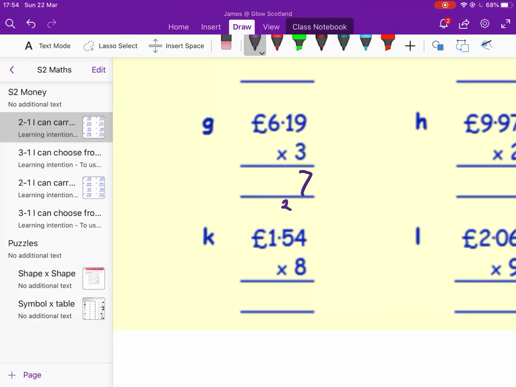So I'm going to carry that over. 3 times 1 is next, which is 3. I need to add on this 2, remember, so 3 times 1 is 3, add on that 2, it's going to give me 5. Put my point in, keep that in line. 3 times 6 is 18. And then pop my pound sign in.